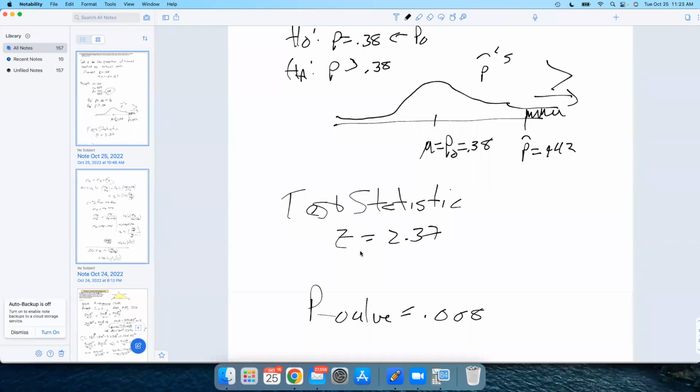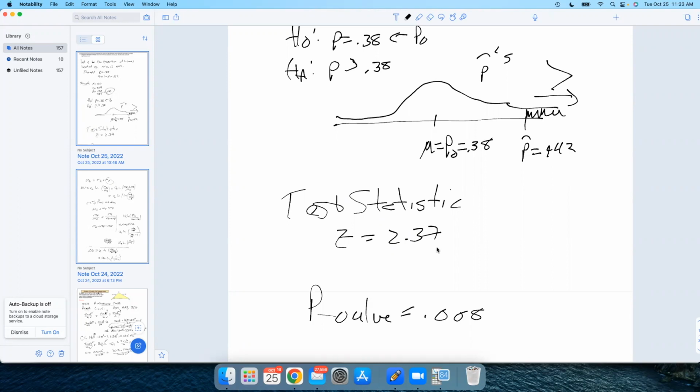So back in the day, rather than going through the trouble of finding the p-value, we stopped here, because a certain z-score has to be so many standard deviations away from the mean. That's what the z-score means. So we used to do this thing called rejection regions. If your z-score is bigger than 2, you reject.